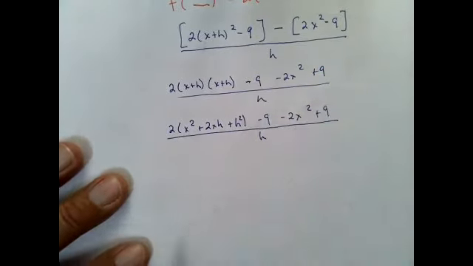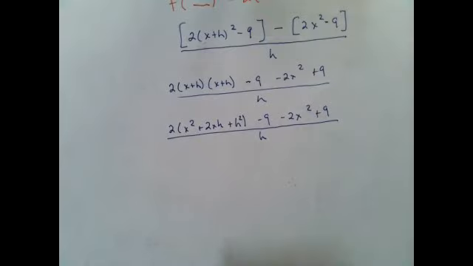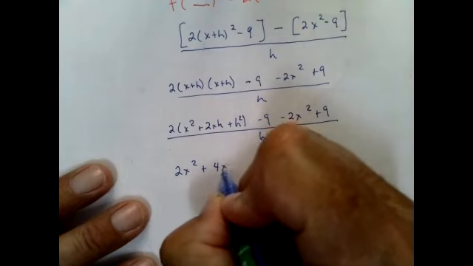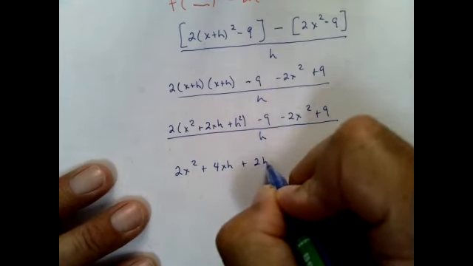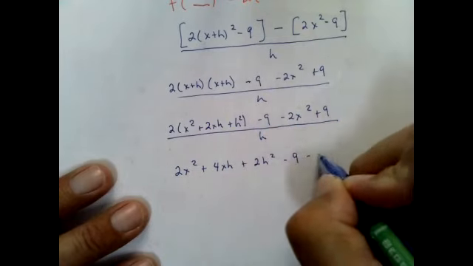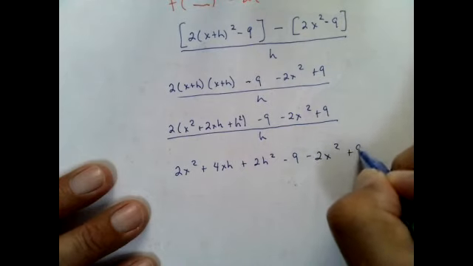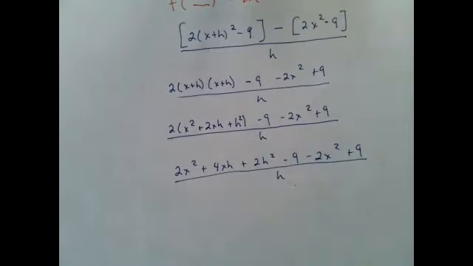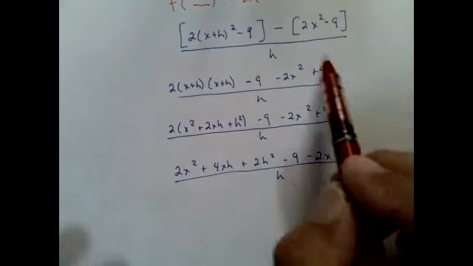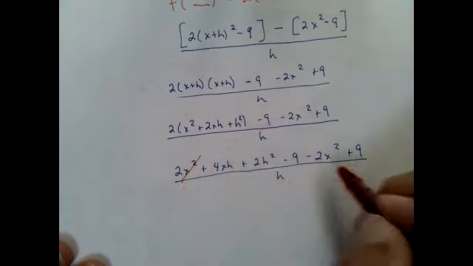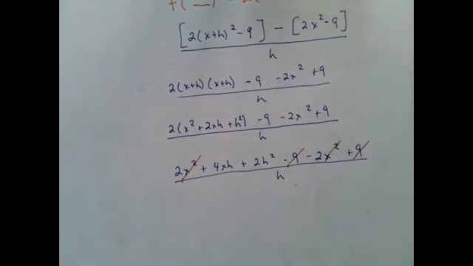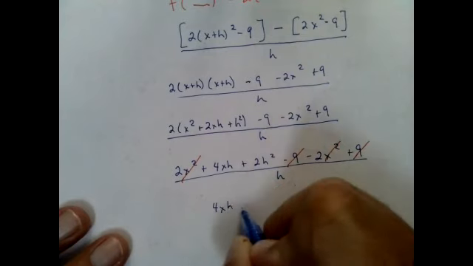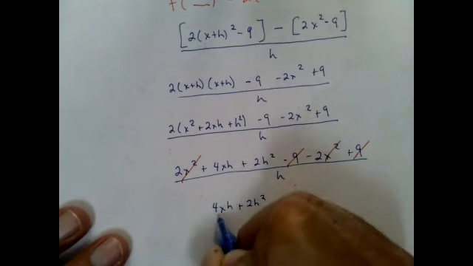If you practice these, they become really easy. You just have to get over that hump. 2x squared, 4xh, 2h squared minus 9 minus 2x squared plus 9 all over h. Now I'm going through this pretty quick. Remember I said these are both going to cancel. That one's gone and that one's gone. 4xh plus 2h squared over h.